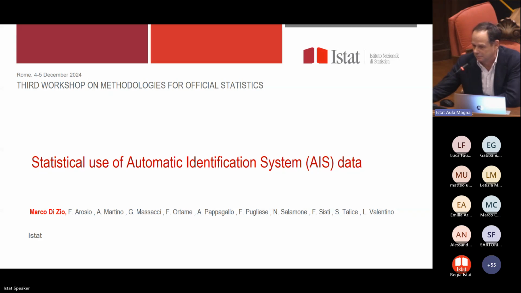So this is the first slide, and I want to make a first remark about the long list of names. You are used to seeing this long list of names in the Istat works, but here I have to say that the first lesson I've learned working on this big data, non-traditional data, is that a necessary condition, a sine qua non, is to have a team composed of different competencies: statisticians, experts in the subject matter, IT experts.